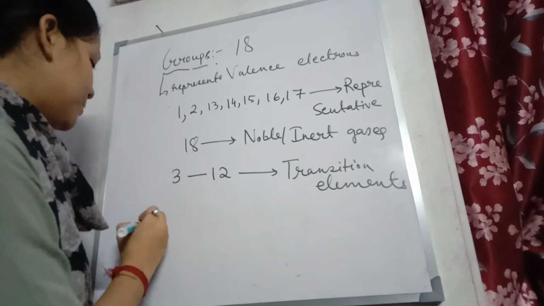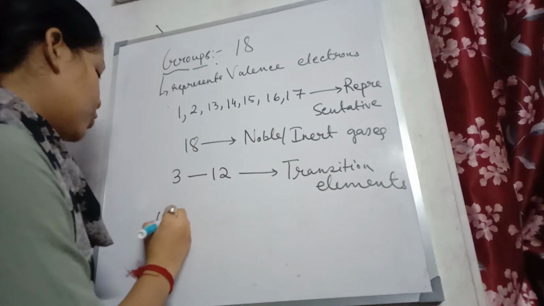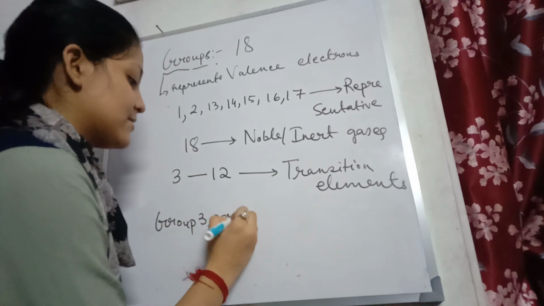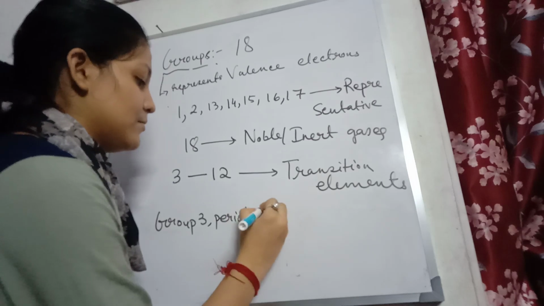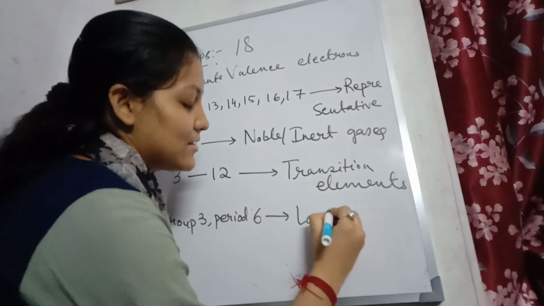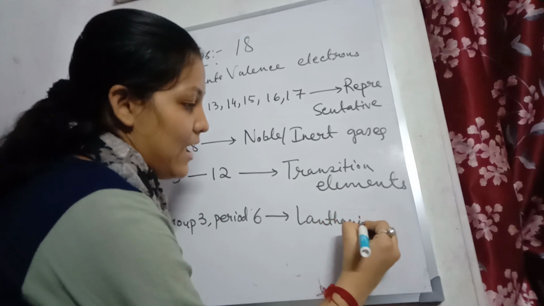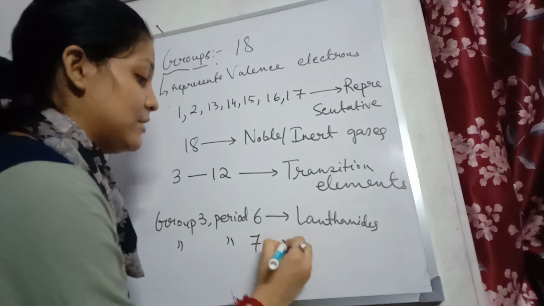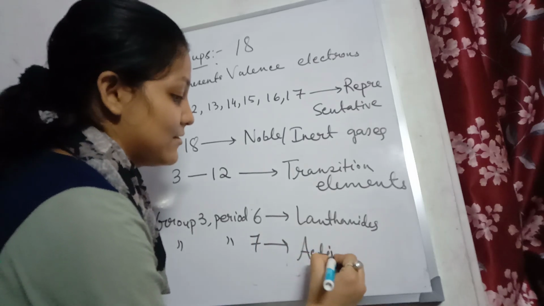Last group 3, period 6, we have lanthanides, and group 3, period 7, we have actinides.